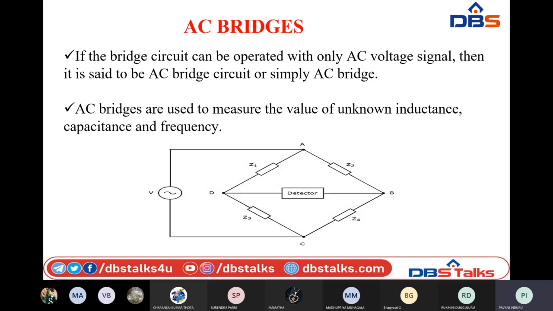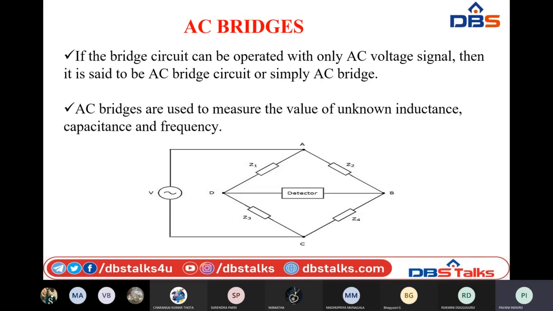In this AC bridge, we have 4 arms similar to the DC bridge, but here we have 4 impedances instead of 4 resistances. Impedances means these 4 arms may contain resistor and capacitor in series, or resistor and inductor in series, or in parallel.